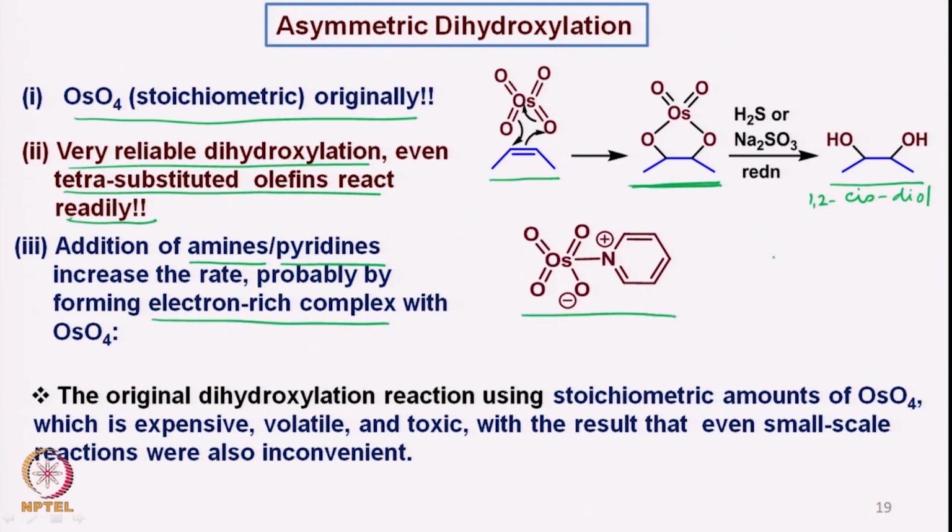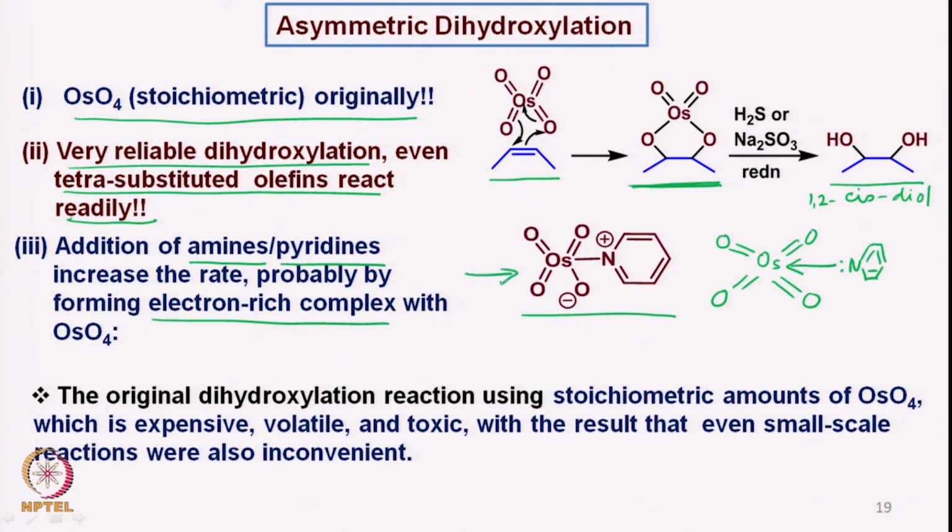As you can see, the osmium tetroxide here is electron deficient in terms of oxygen, being there as oxygen double bond O, 4 of them, and therefore this particular osmium atom is very electrophilic, and any nitrogen would prefer to bind to it very easily, and therefore such an intermediate can form.